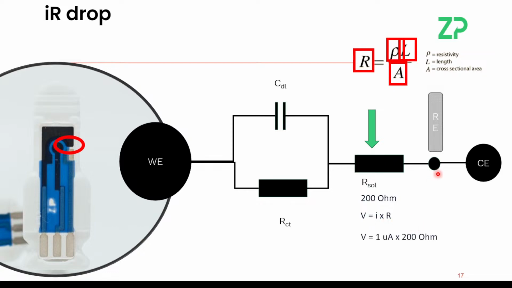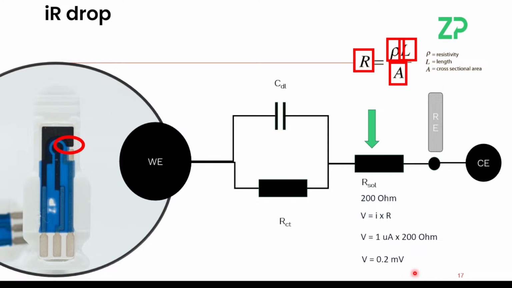Now, a typical kind of current that one might pass in at least a screen printed electrode type assay may be 1 microamp. Now, 1 times 10 to the minus 6 times 200 is actually 2 times 10 to the minus 4. What does that mean then? That means that we're really only dropping a potential of 0.2 millivolts.